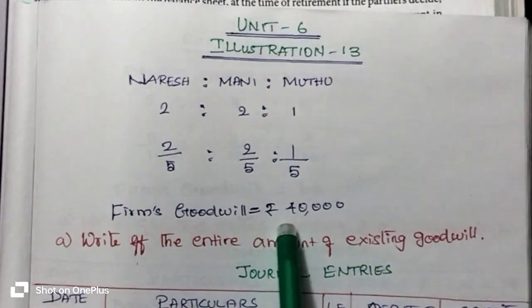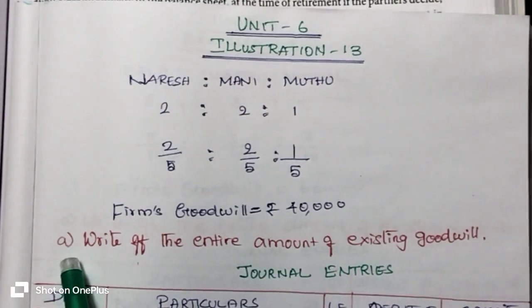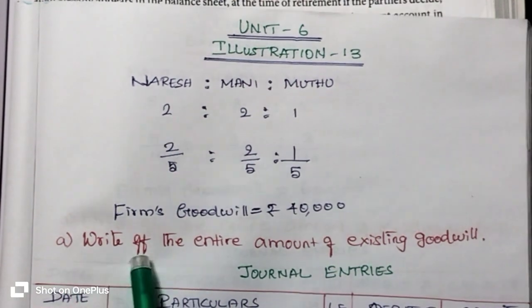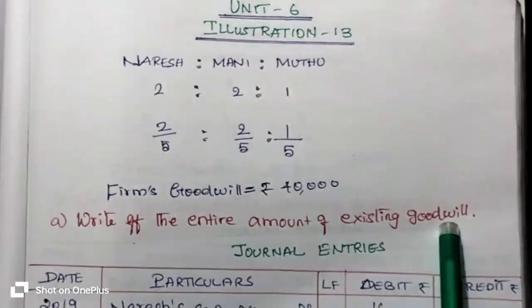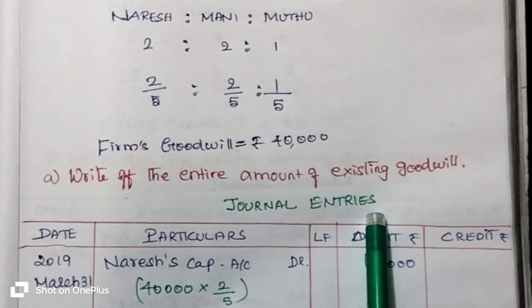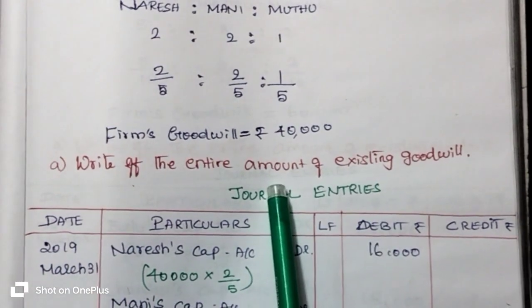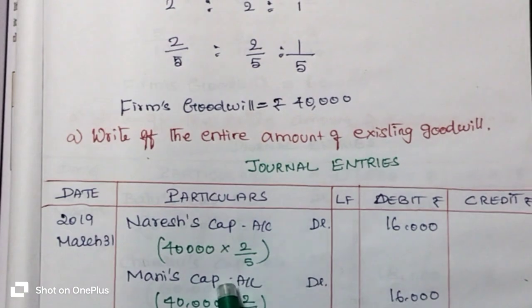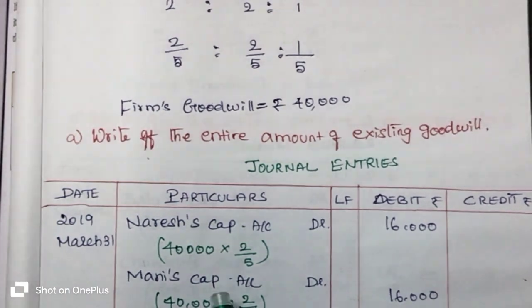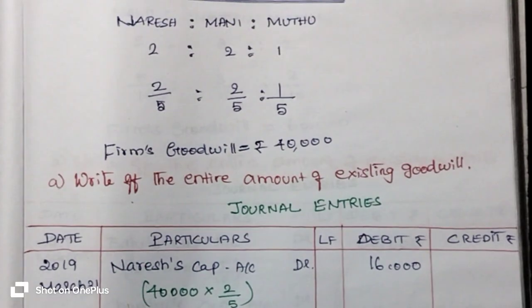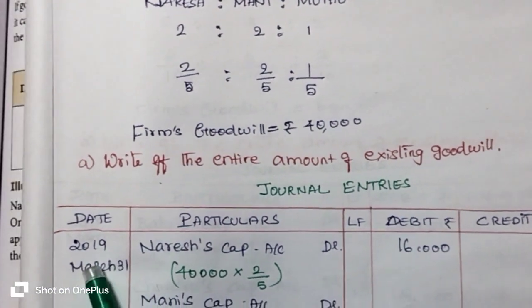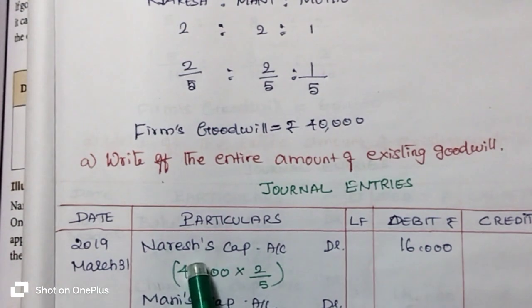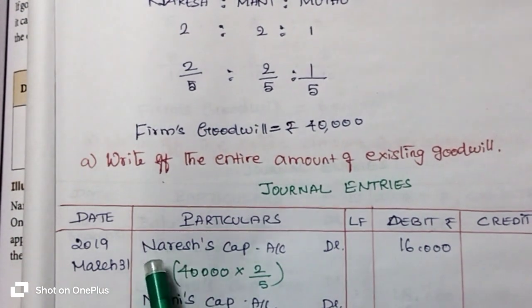The firm's goodwill is 40,000 rupees. We are going to pass the journal entry for the first method, write off the entire amount of goodwill: all partners' capital accounts debit to goodwill account in the gaining ratio, the old profit sharing ratio, dated 2019 March 31. The first partner is Naresh.